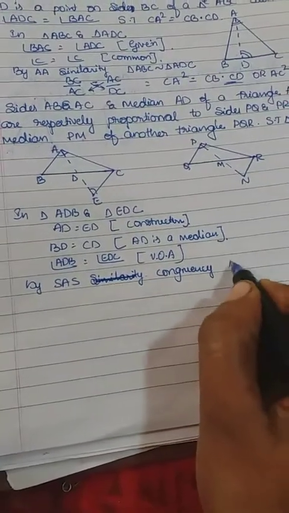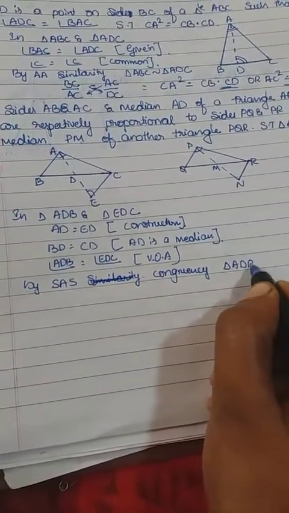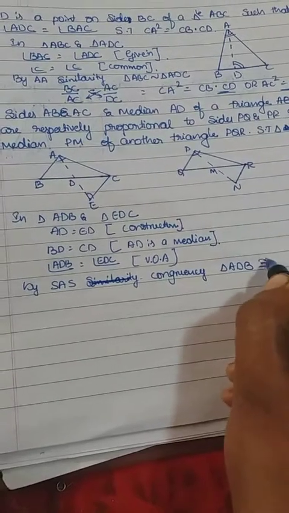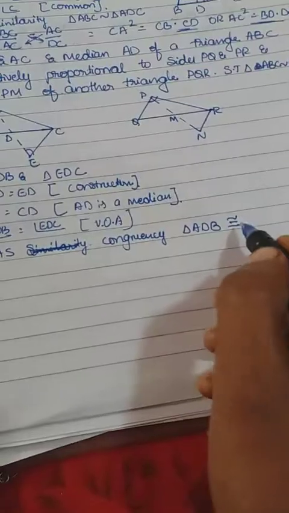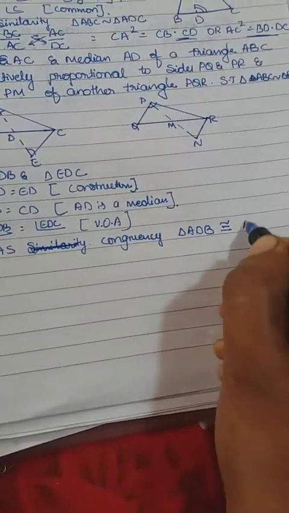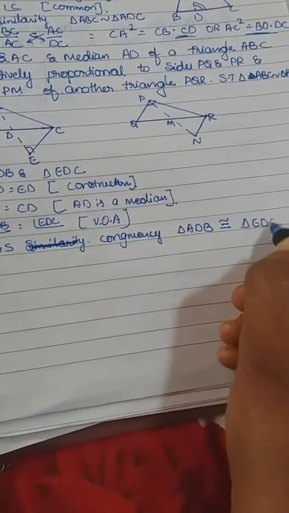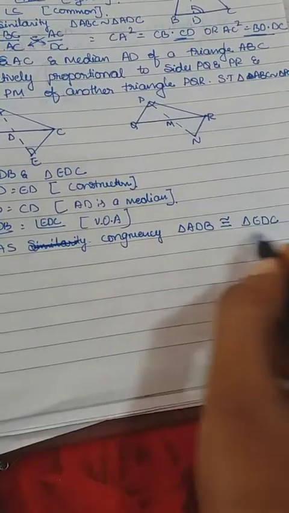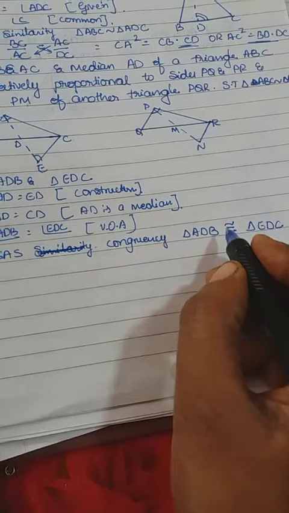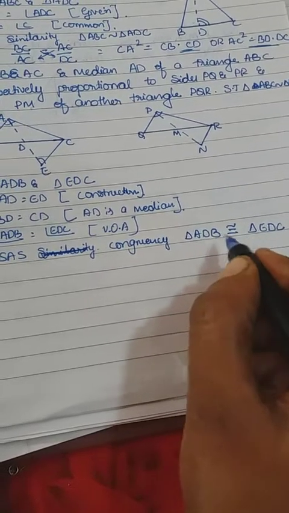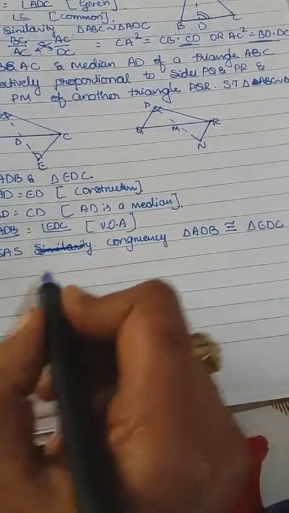Both triangles, triangle ADB is congruent to triangle EDC. This is the congruent symbol; one line is similar, and this is congruency. If the triangles are congruent, then the corresponding parts are equal. Corresponding parts of congruent triangles are equal.